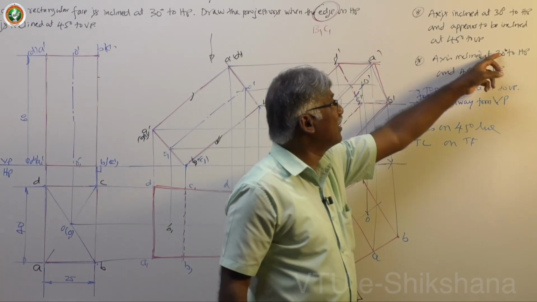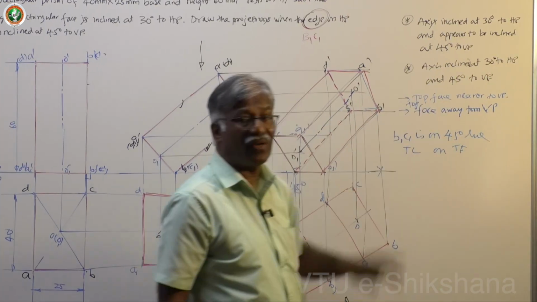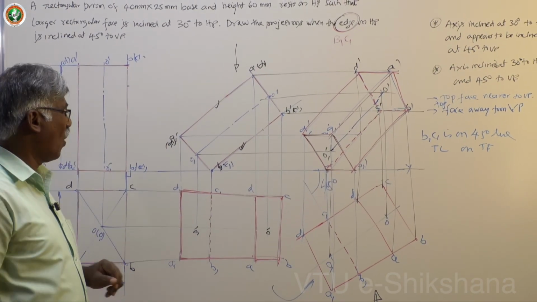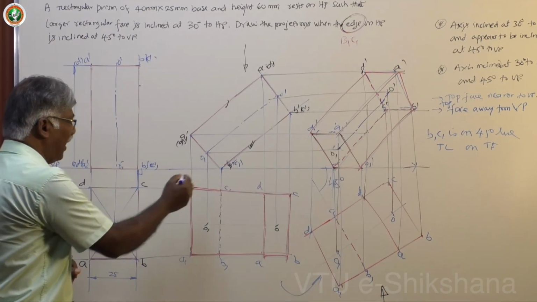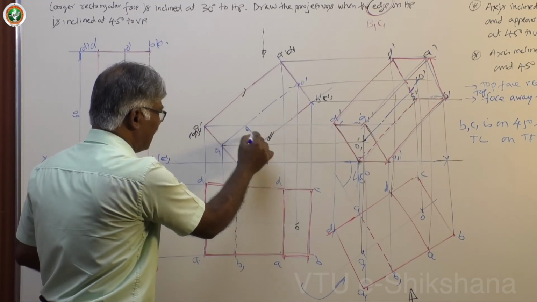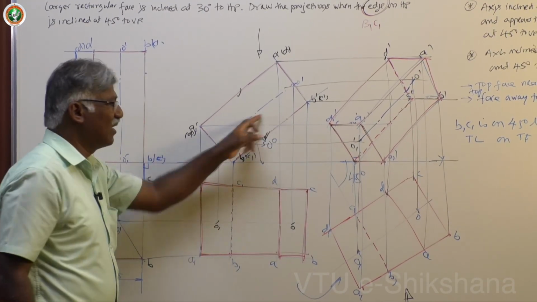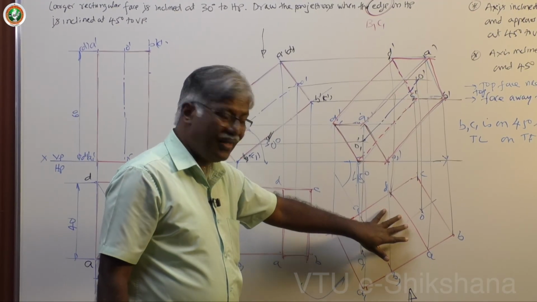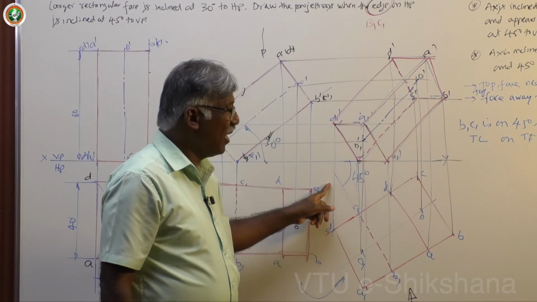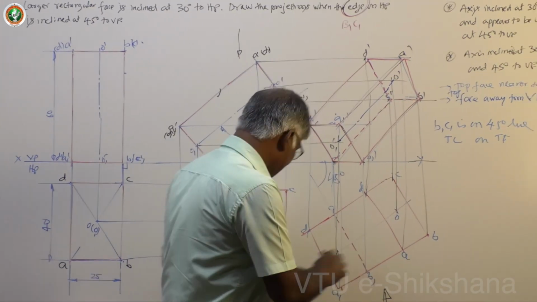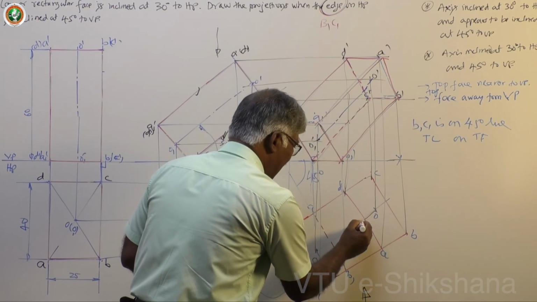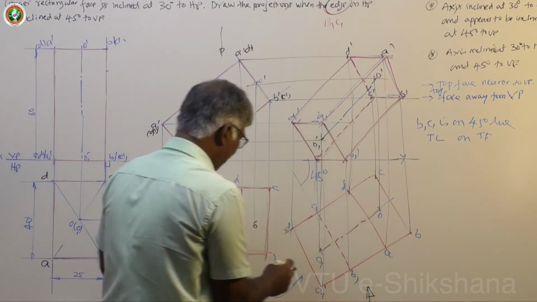Axis inclined at 30 degree to HP and appears to be inclined at 45 degree to VP. Same solution holds good. How? See, I just mark this is 30, axis inclined at 30 degree, and geometrically this is 45 degree, and if they say axis inclined at 45 degree, then see what happens.